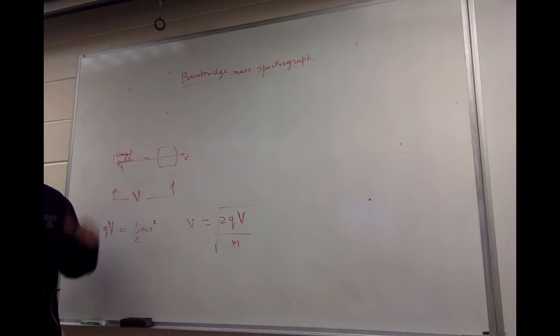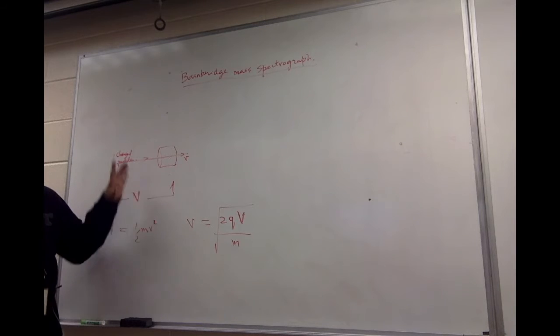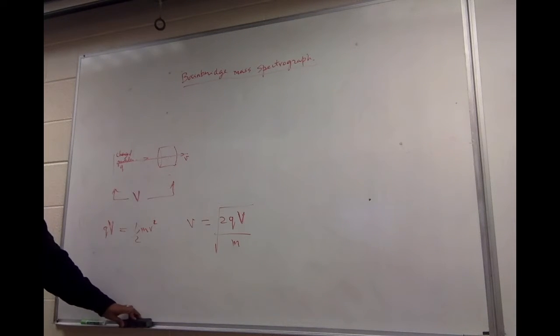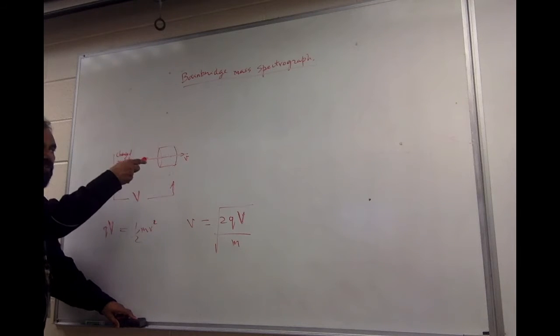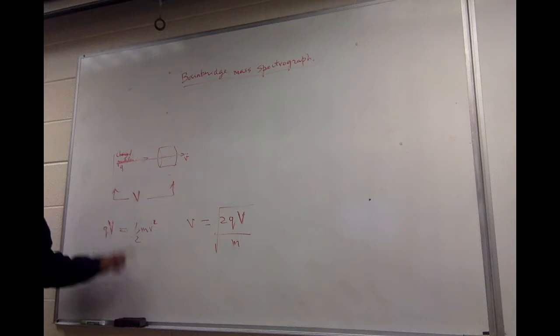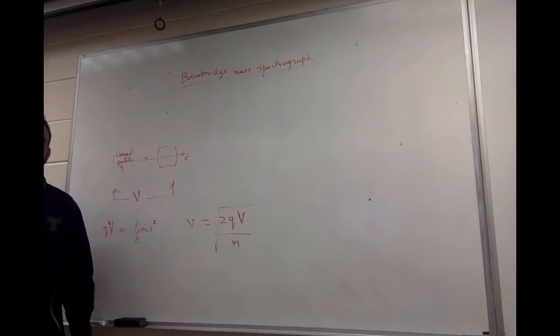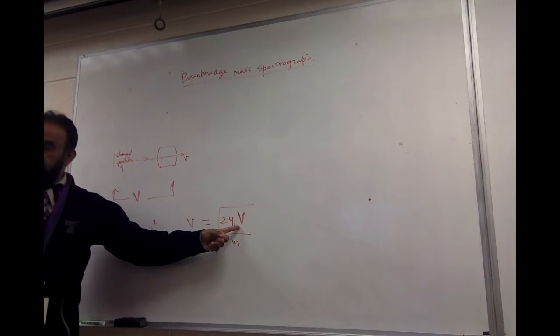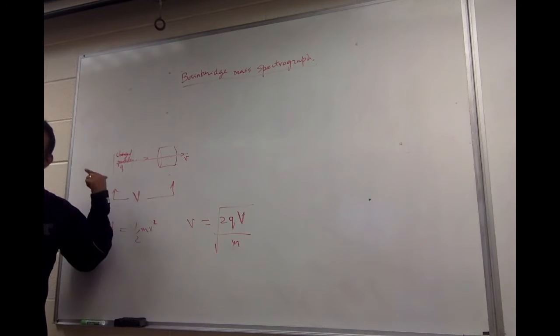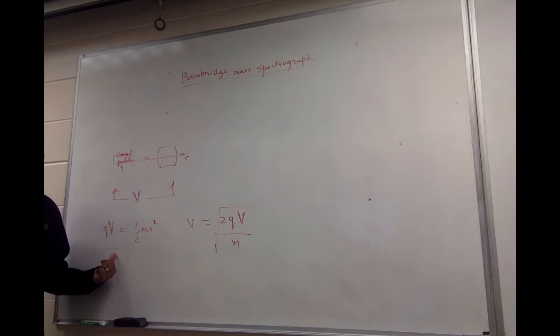So this is the first part of your spectrograph. By discussing the first part of the spectrograph, you get to know this equation: how fast are the charged particles going to move after accelerating through a potential difference of V volts? Here is the equation. How did that come from here? I think we have discussed this in the potentials chapter, right? This one. Okay.